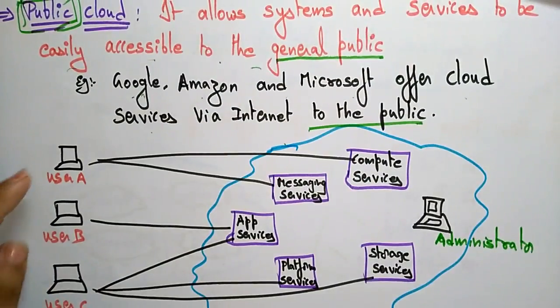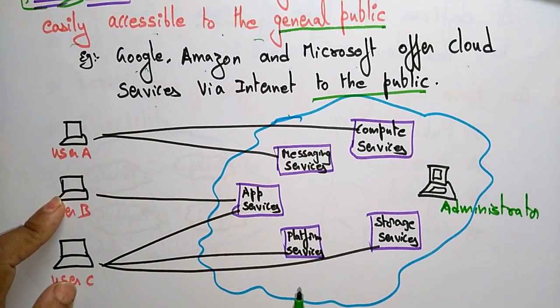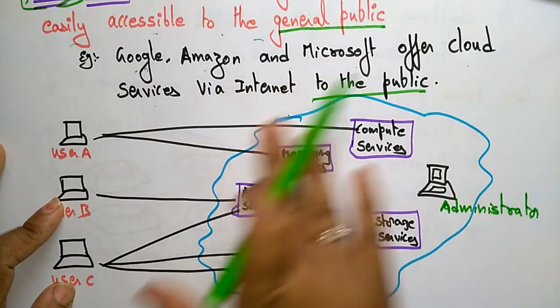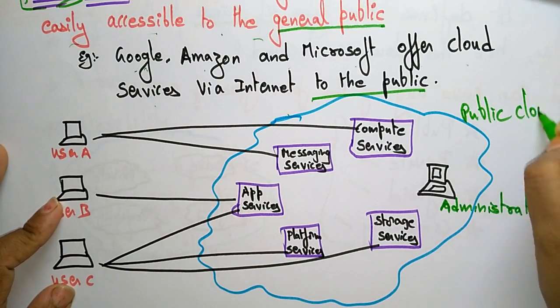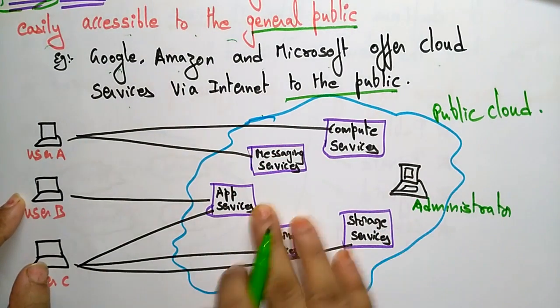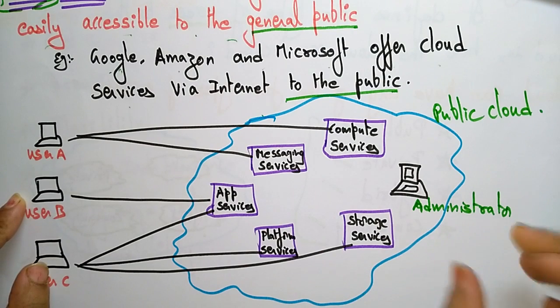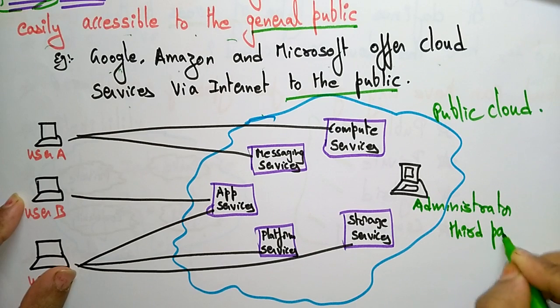Here you can see different users, user A, user B, user C. These different users are accessing the public cloud. So this is the public cloud. Whatever we place on the public cloud will be operated by the administrator, who is a third party. Let us take the administrator here as a third party.